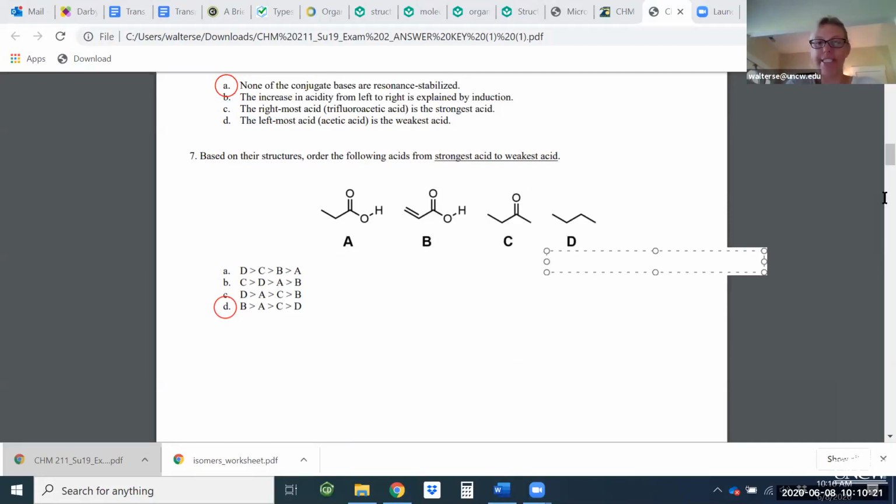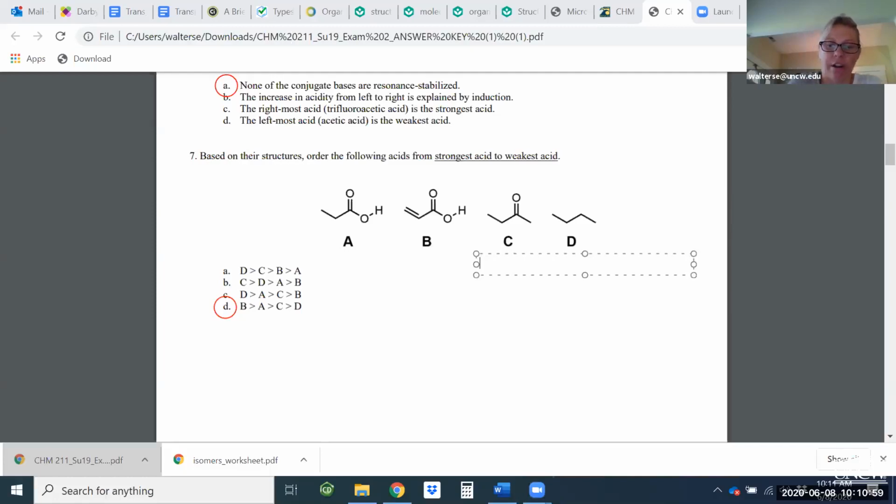If you look at these A, B, C, D, D is an alkane, which has a pKa approximately 50. Without a doubt, that is the weakest acid of all of the four. And if you look at the answer options, only one of them has D listed as the weakest acid. So you could be done with that question just by recognizing that of these four, the alkane is the weakest acid.